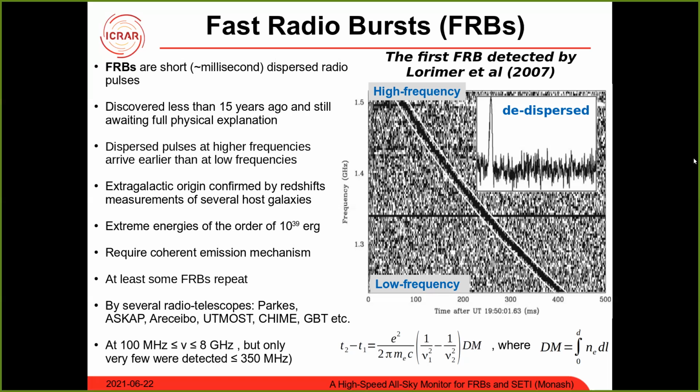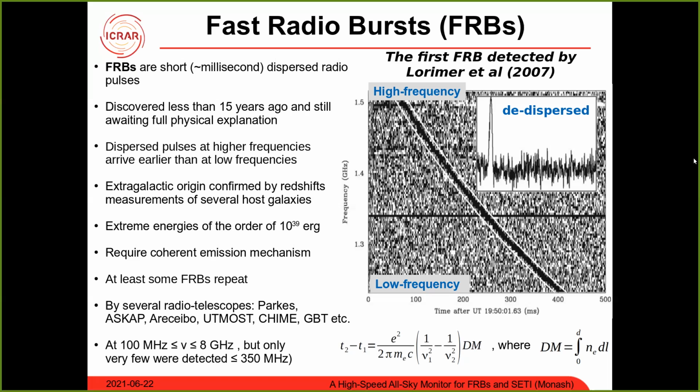Now we know that some FRBs are known to repeat. Some people believe that all FRBs repeat. It is just a matter of the sensitivity of the telescope that we don't observe all the repeats.